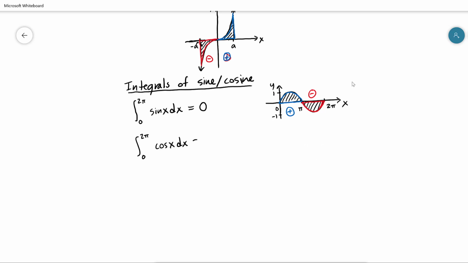And the same thing is true with cosine. So think of with cosine, it just looks a little bit different. We start up here, go down, come back up to the top, and there's our 2 pi. But we're just chopping it up into kind of 4 pieces that match, if you want to think of it that way. Here are our 2 negative pieces, and here are the 2 equivalent positive pieces.